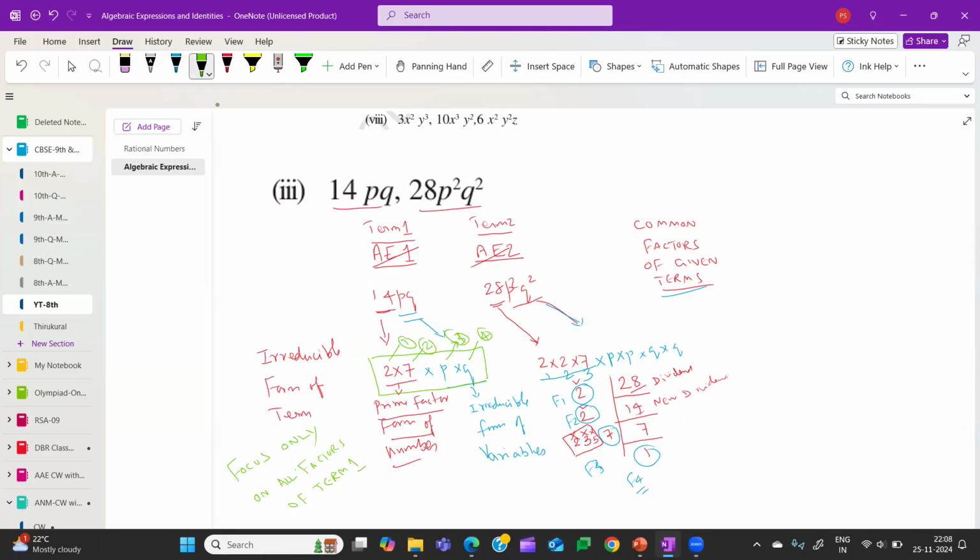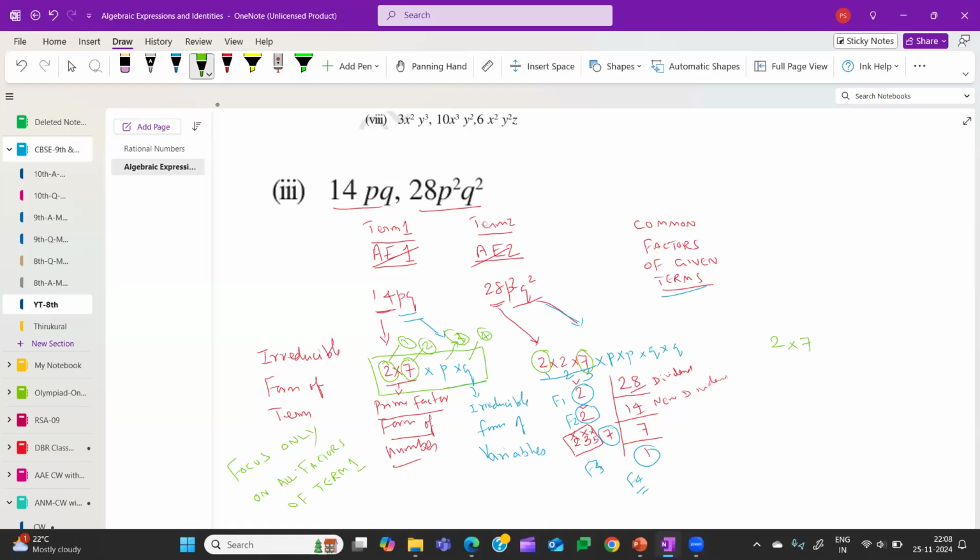We'll find whether 2 is a common factor between the two terms. Yes, it is available. So we'll write it as the first common factor, 2. Whether 7 is, again we have to come back to term 1's factors. Term 1's second factor is 7. Whether this is available in the other terms. Yes, it is available. Into 7, then we have to write.